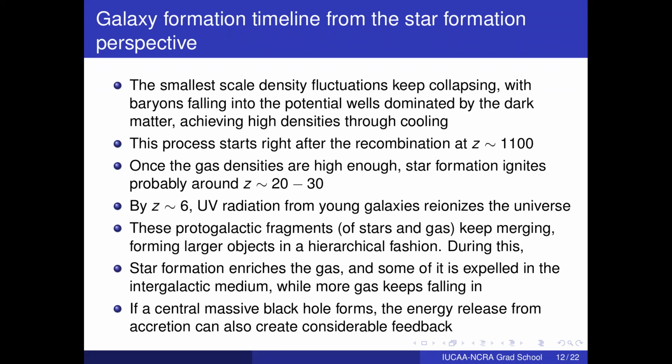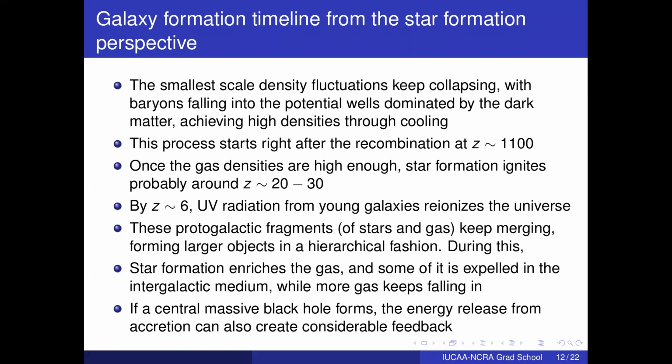If you look at the galaxy formation timeline from the star formation perspective, the smallest-scale density fluctuations keep collapsing, with baryons falling into the potential wells dominated by dark matter, achieving high densities through cooling. So now cooling is a very fundamental process for the formation of stars.